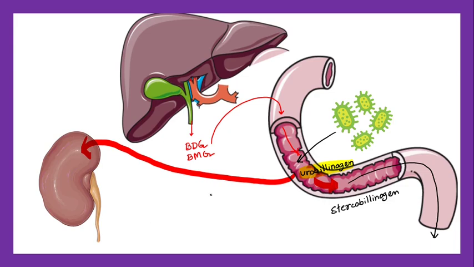And the urobilinogen which goes to the kidney is excreted through the kidney as urobilinogen in urine. So this is the fate of bilirubin, which gets conjugated in the liver and gets excreted either in fecal matter or along with urine.